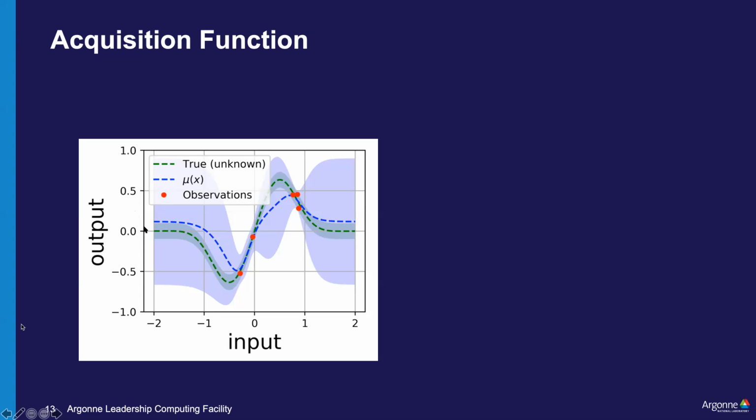We represent the truth in green, and you can see that this truth has a bandwidth. Because, for example, if you train a neural network many times, you may have different performance for the same hyperparameters. You have some noise. Then we have this surrogate model. The mean of the surrogate model here is the blue curve. And you have a bandwidth, which is the confidence interval around the mean of the surrogate model.